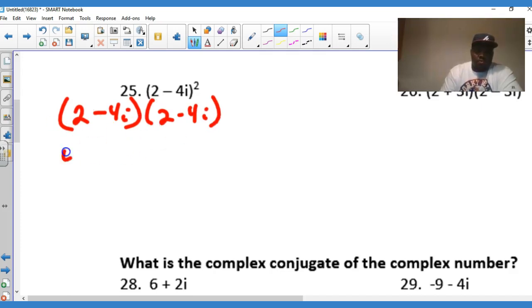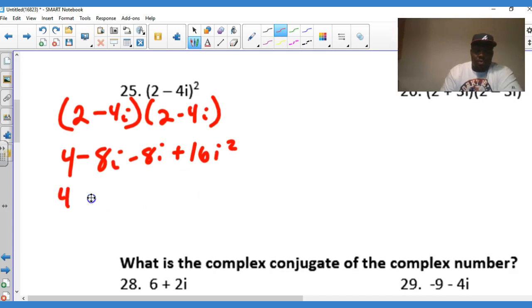So 2 times 2 is 4. 2 times negative 4i is negative 8i. Negative 4i times 2 is negative 8i. And negative 4i times negative 4i is a positive 16i squared.